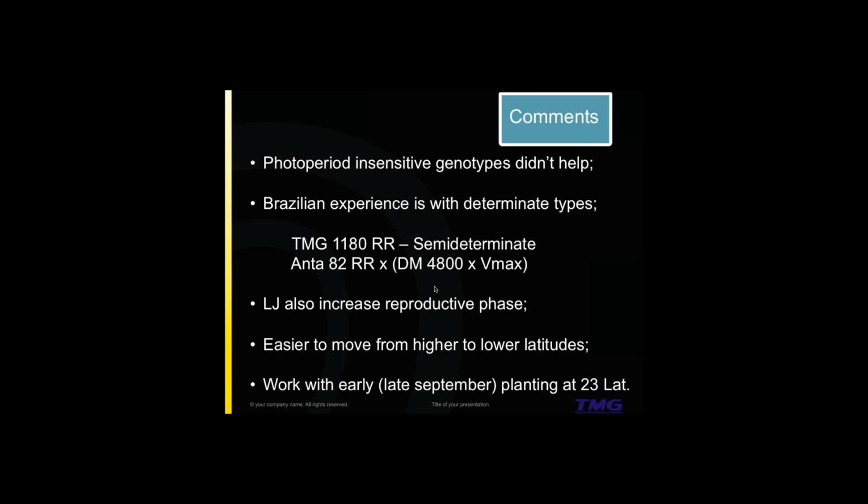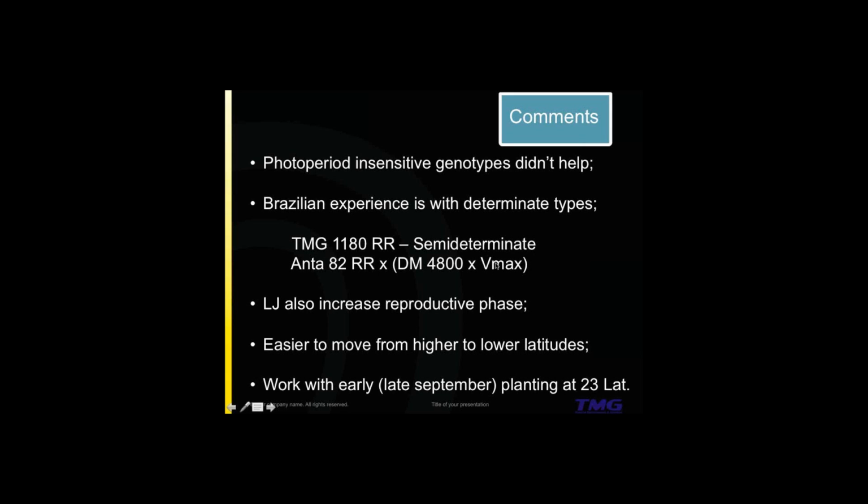And pay attention that this comes from a cross with another Argentina variety, 4.8 maturity group, and VMAX, which is a conventional variety here from Syngenta, also for southern Brazil, and it's a 6.5 maturity group.